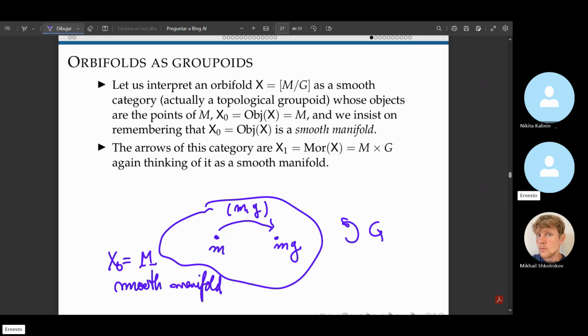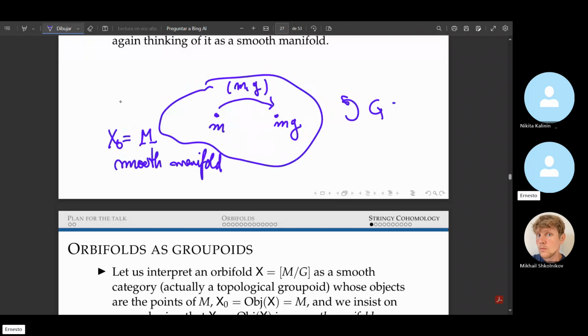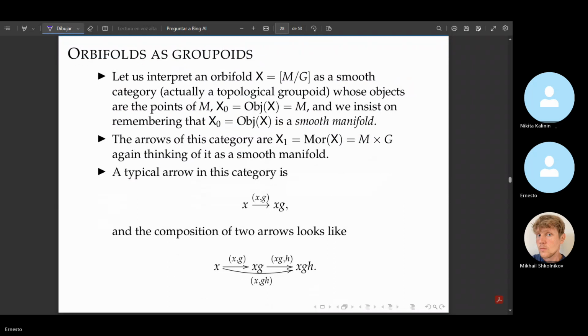And because the group is acting smoothly, namely every G in G acts by a diffeomorphism, well, here is what this category looks like for just G acting on M. So that's the category.